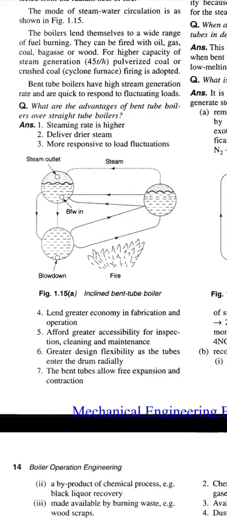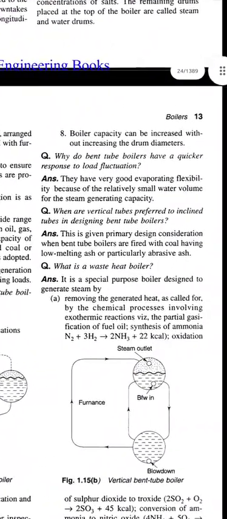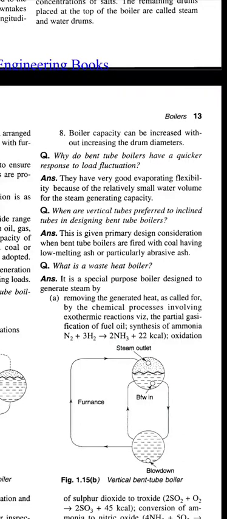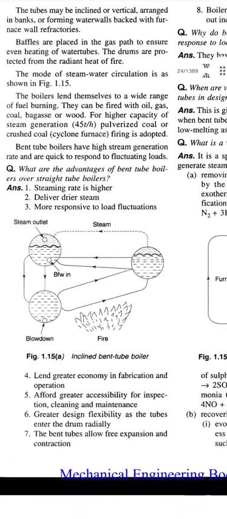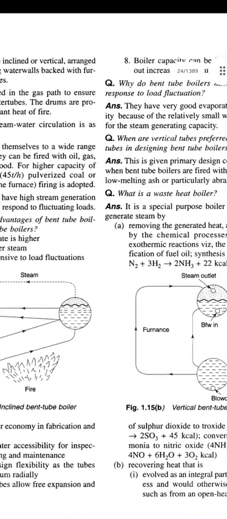The bent tubes allow free expansion and contraction, and boiler capacity can be increased without increasing the drum diameters. These are the advantages of bent tube boilers over straight tube boilers.